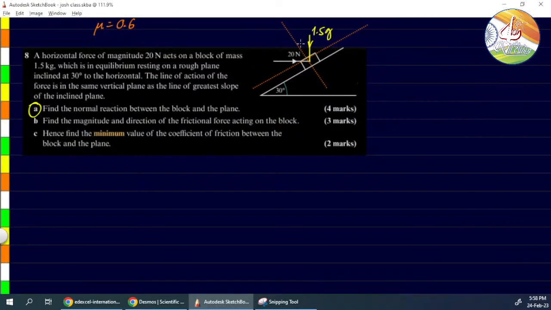Now what about angle? What is this angle? It will be the same as 30 degrees, because we have two parallel lines. We have this parallel to this and this parallel to this.